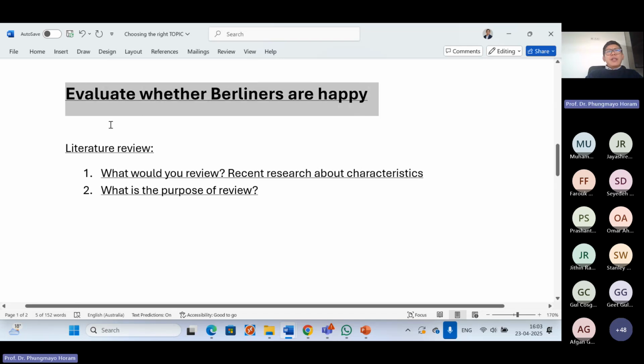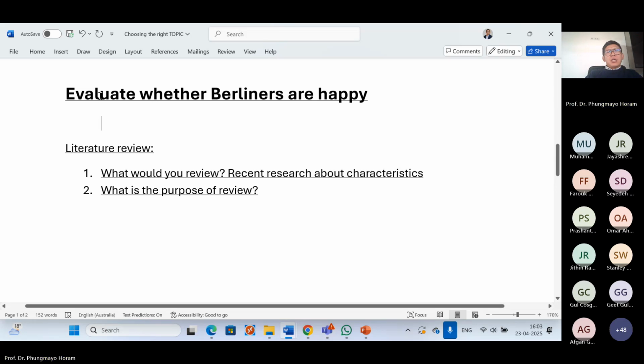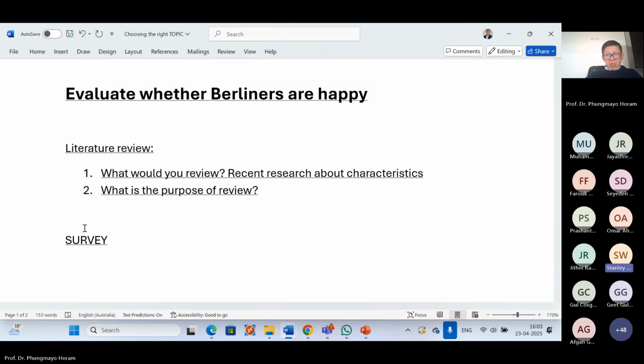How would you find an answer to this question? What would be the methodology for data collection? Whether Berliners are happy? Surveys. Qualitative interviews, primary research. Right?